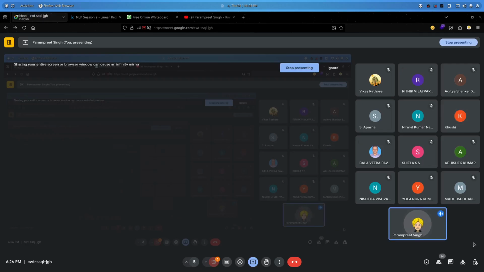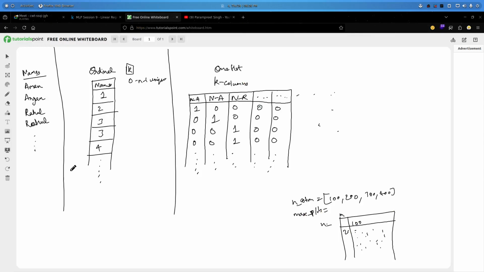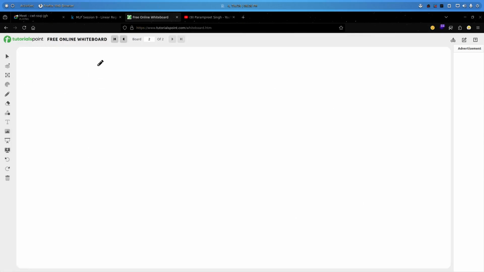I'll do the complete linear regression today, because today's topic is that. As the name suggests, linear regression is a regression model. By regression we mean we are predicting a continuous variable.